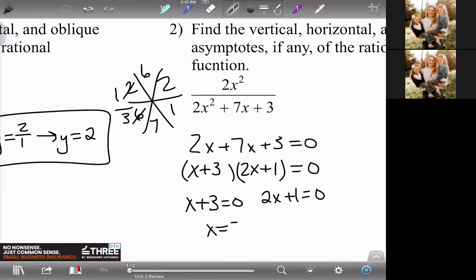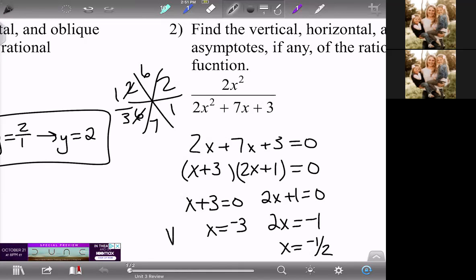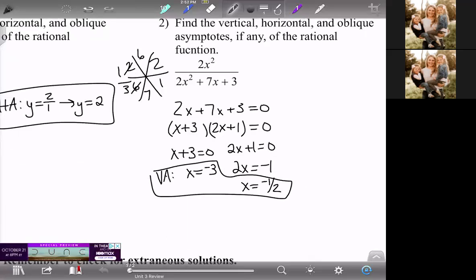X equals -3. And for the other one over there, I'm getting x equals -1/2. Again, I'm going to label those vertical, making sure I get both of them circled in my answer. They are both vertical asymptotes.